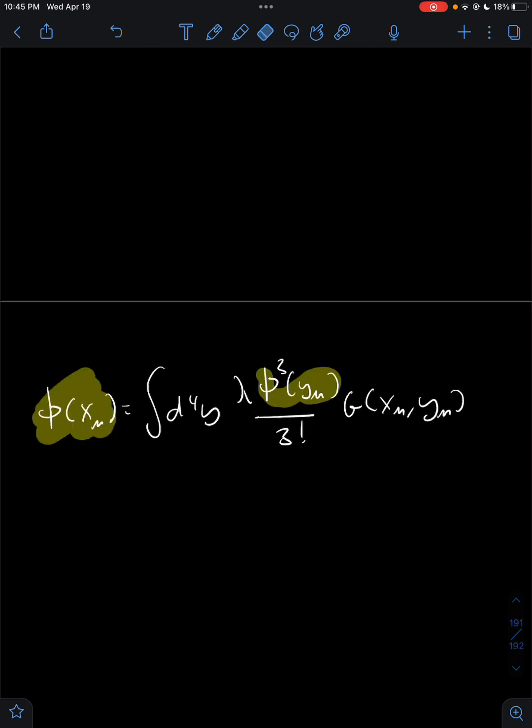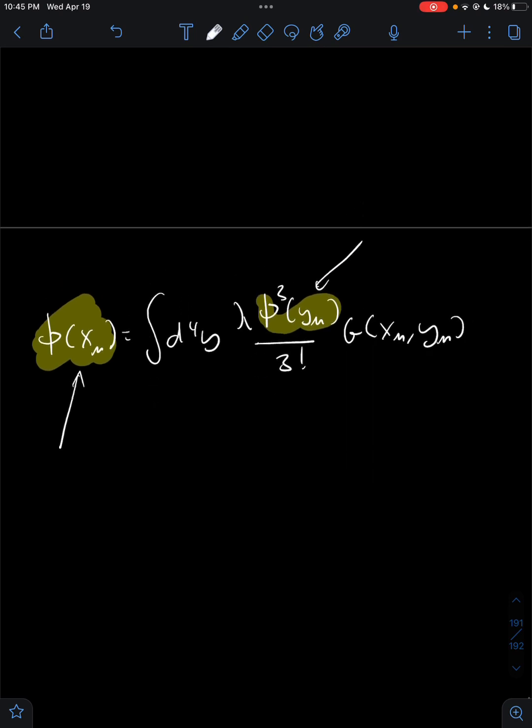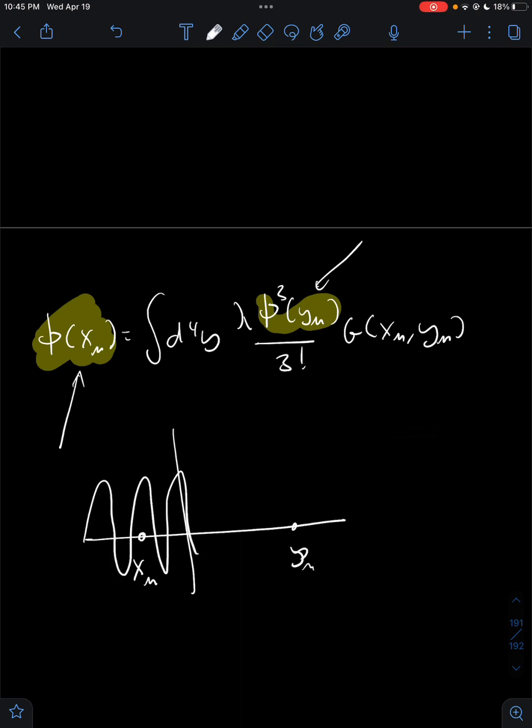So basically this field is called interacting because we have these two fields at different space-time points. So think of it like this. We have one field at, say, space-time point x mu. One field is evaluated at y mu, okay? So you kind of have two fields here. They're both scalar fields, and we're looking at them being evaluated at different space-time points.